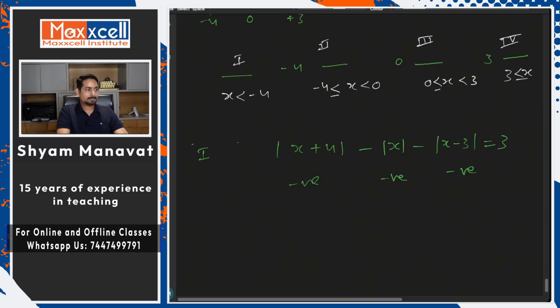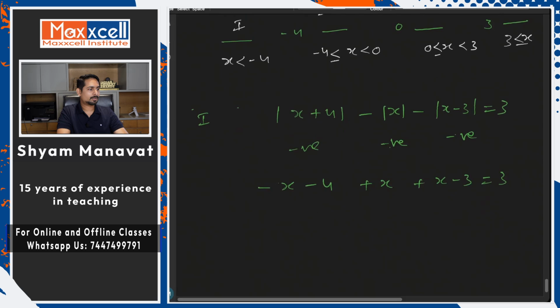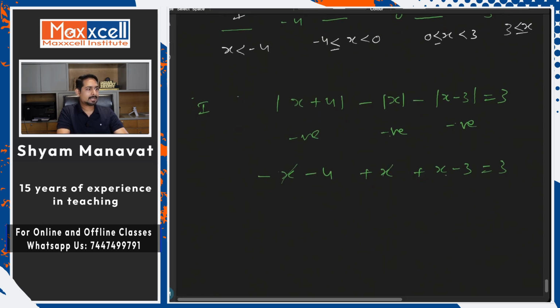So remove the modulus sign, so that should be the condition. So you have got minus x minus 4, minus minus will be plus, minus minus is plus, equal to 3. Now simplify, you got x cancel, so you have got only a single x here, and minus 4 minus 3 is minus 7.